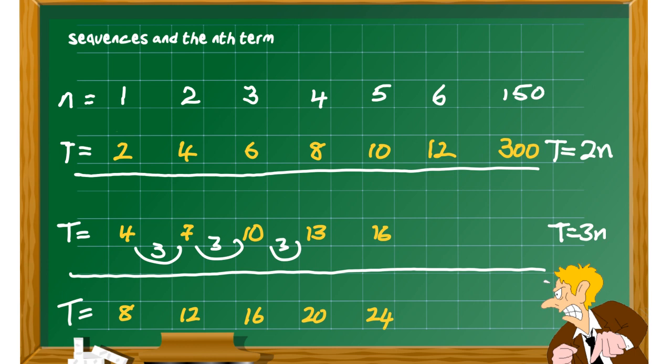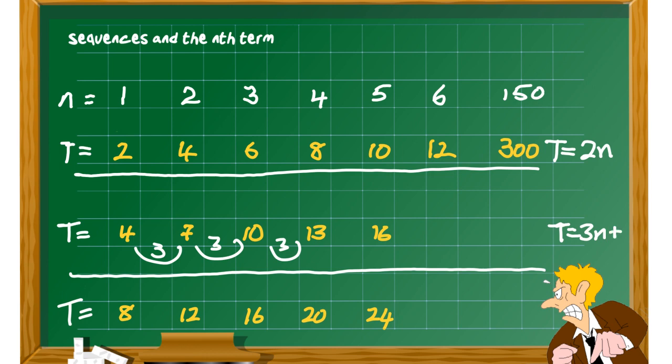But there's a problem, because in this case 3n, that's 3 times 1 is 3, and our number is 4. 3 times 2 is 6, but our number is 7. 3 times 3 is 9, but can you see a pattern? What we've got to do is add 1 each time, and then it will work.